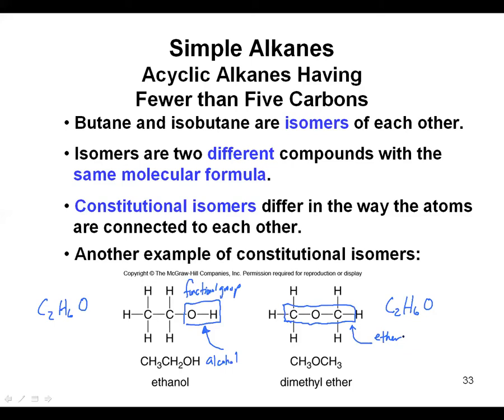In terms of solubility, for example, in water, the one on the left also would be much more soluble than the one on the right. Again, because the one on the left has the ability to hydrogen bond with water, while the one on the right does not necessarily have that ability. So even though they are technically the same thing in terms of elements and so forth, they are very different a lot of times in terms of properties because of those connectivities that we see.